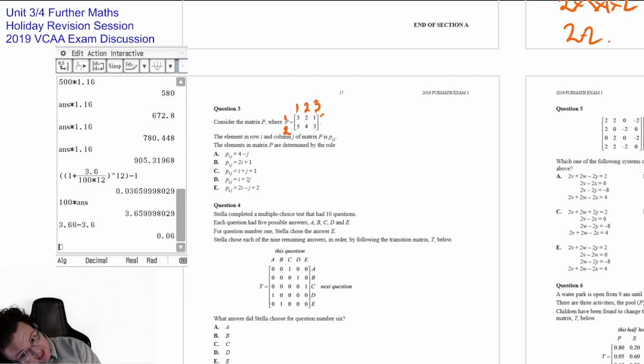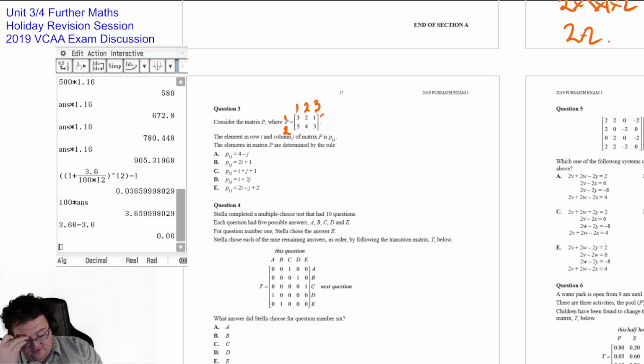This is pattern recognition. I don't like this sort of question because I don't think it actually accomplishes anything. But what they're doing is trying to get you to generate pieces of information about the matrix by using a rule.